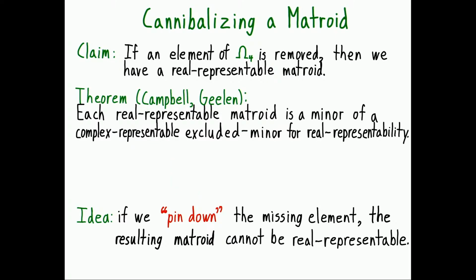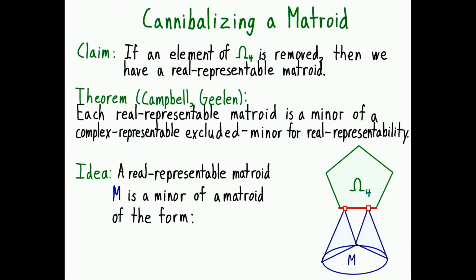So first, we see how you can use this to show that any real representable matroid is contained as a minor in a minimal obstruction that is complex representable.